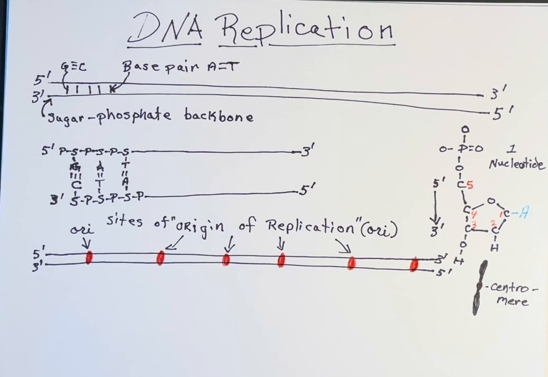So this process actually goes very fast. All right, so hopefully you now have your sites of origin of replication added to your DNA strand. And now I'm going to add helicase, and I'll spell that out for the next strand.